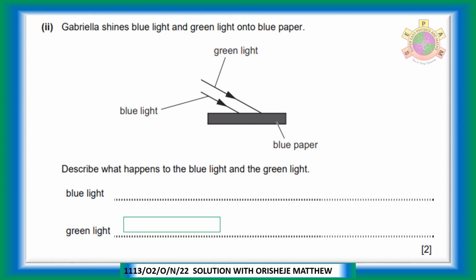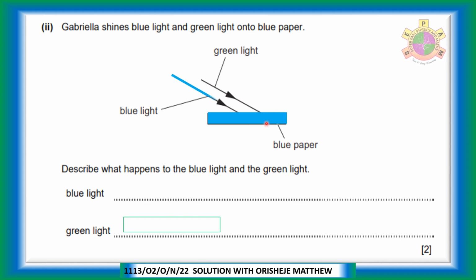Gabriela shines blue light and green light onto blue paper. Now, what is the principle here? When you shine light on a surface, the surface is going to reflect its own color, but it will absorb every other color.